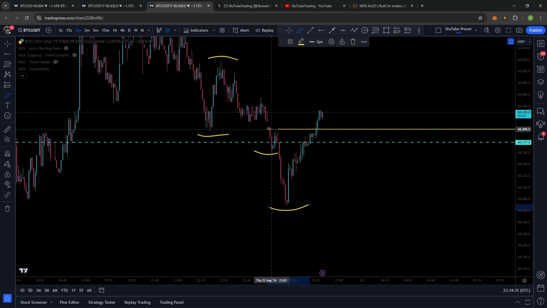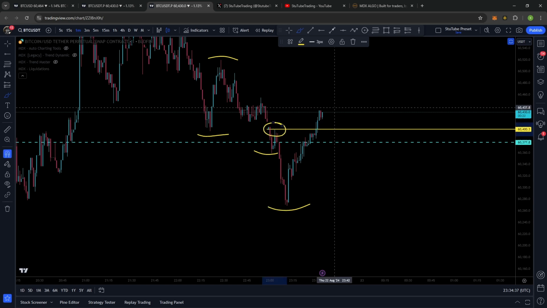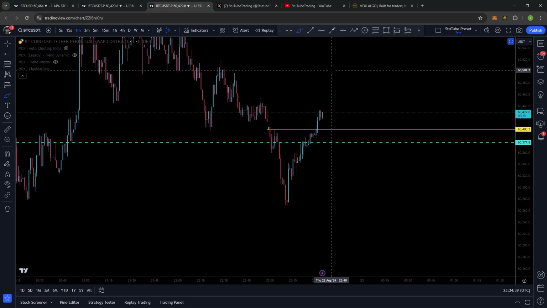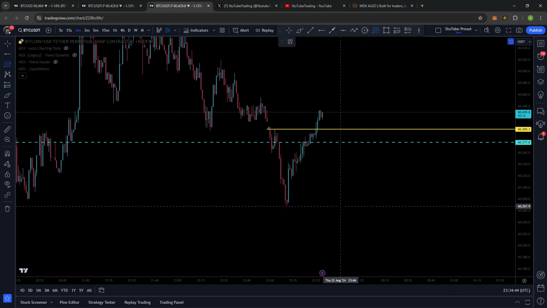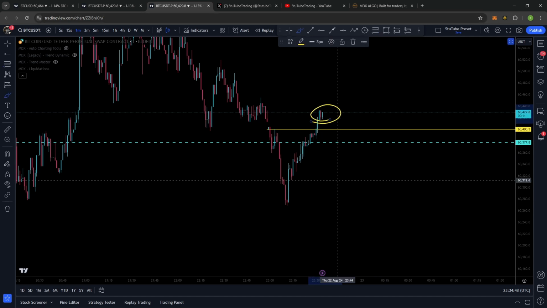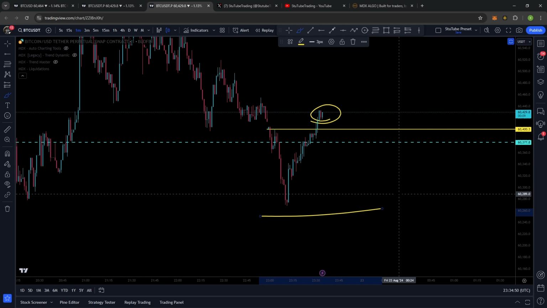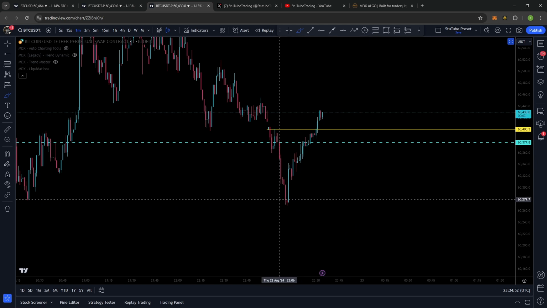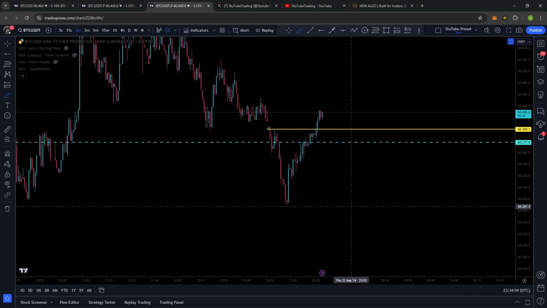Lower low again, confirmed lower high. So now, although I may not get it and we might just break out to the upside from here, ideally what I want to see is some sort of a retrace. Because if I entered a position right now, my invalidation would be way below here, just because of where our local bottom is so far.